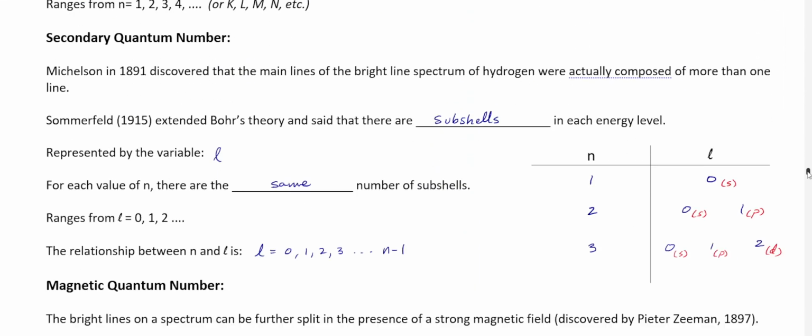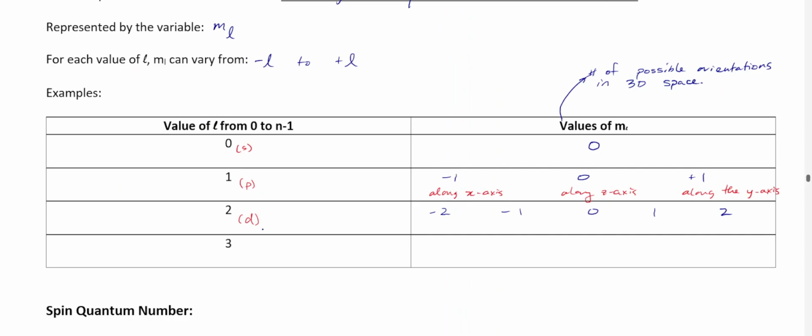So 5 possible orientations of the D orbital, the D subshell. So 3 is F. And as you may have guessed, there's going to be negative 3, negative 2, negative 1, 0, 1, 2, 3, 7 possible orientations in 3D space.